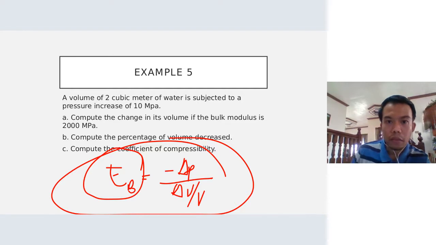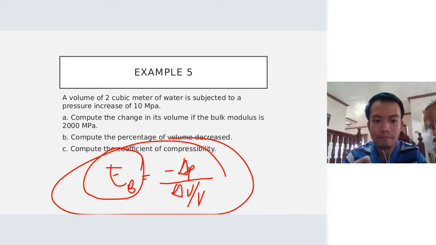Okay. For items 4 to 6, US quart yung gagamitin. Okay? US quart. Sige. Any other questions?